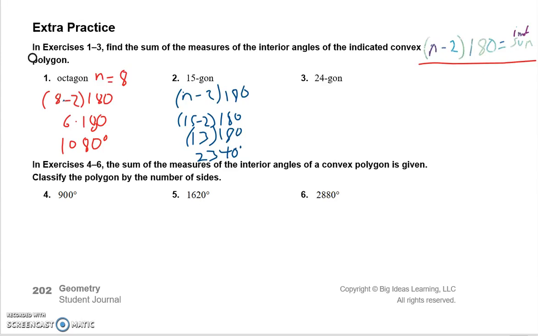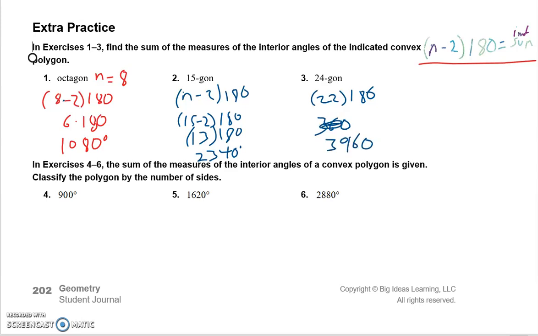You can just skip straight to the math. So here I'm going to do 22 times 180. This one's 3960. So that's all there is to that one.